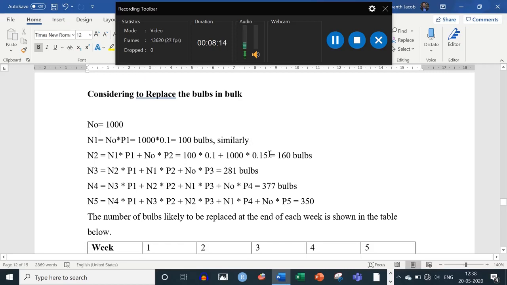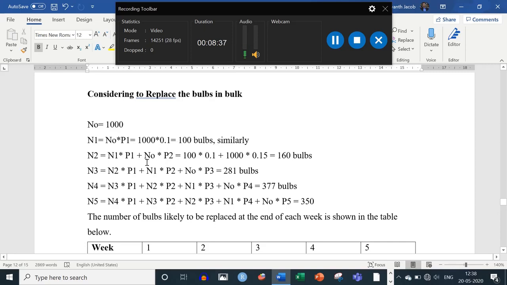Now it's quite possible that you might wonder why is it an N naught here and not N naught minus N1 into P2, because N naught is 1000, which we had replaced in the beginning of the first week. But for N1 number of bulbs, it is only 1 week. So probability of P2 for that set of 100 bulbs may not be relevant.